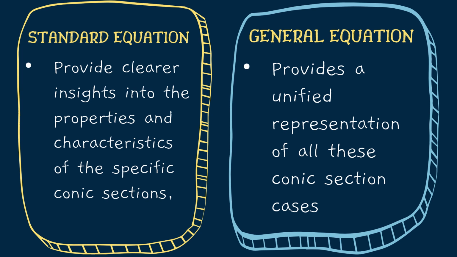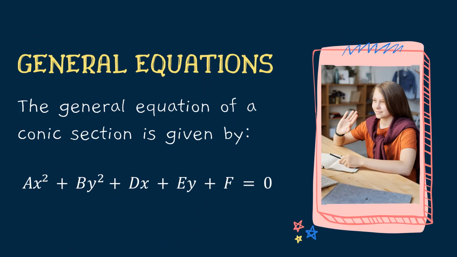The format of the general equation is given by ax squared plus by squared plus dx plus ey plus f is equal to 0, where for the circle, a and b are equal, and a and b cannot be equal to 0.